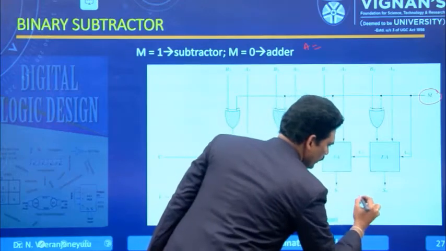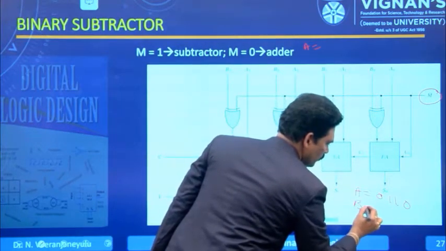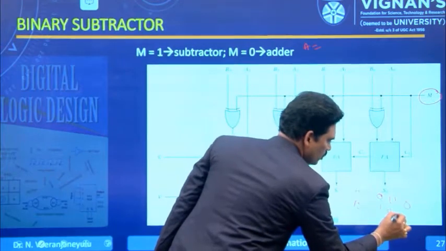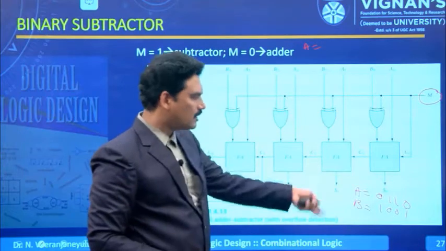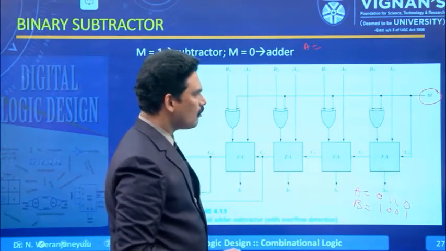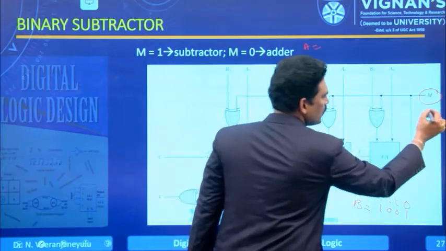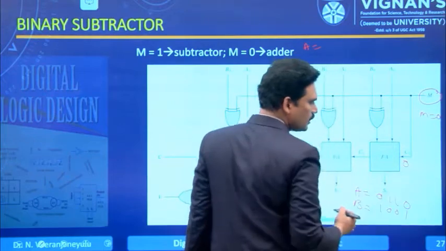Suppose A is equal to 0, 1, 1, 0, and B is equal to 1, 0, 0, 1. We are going to perform addition and subtraction. If M is equal to 0, that means addition, we are taking 0.